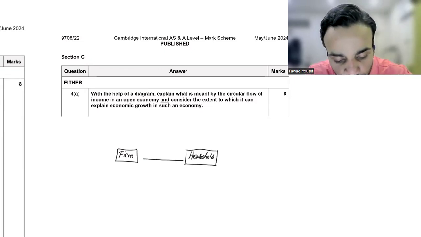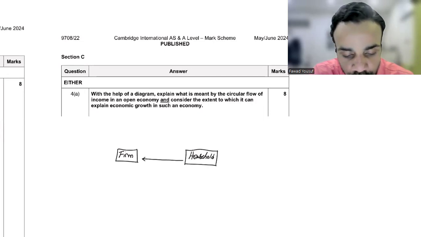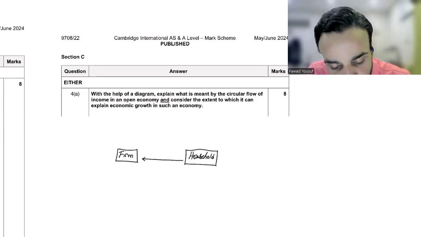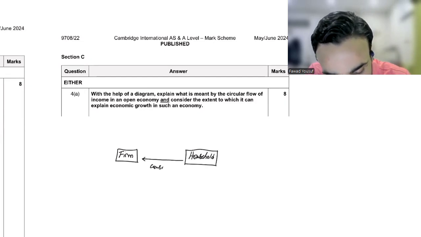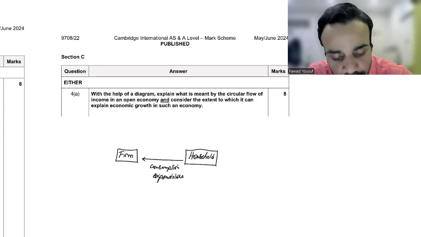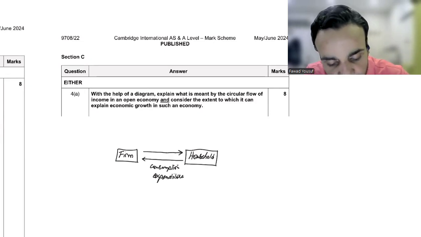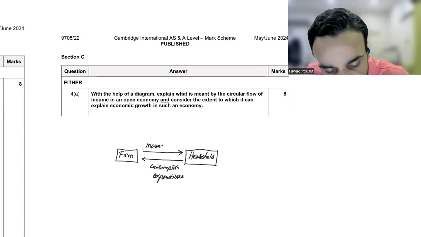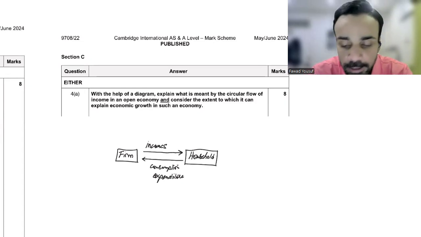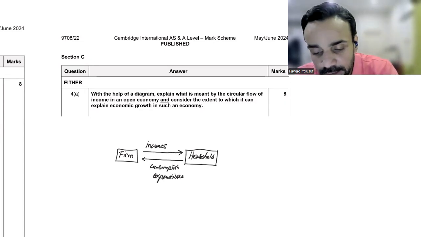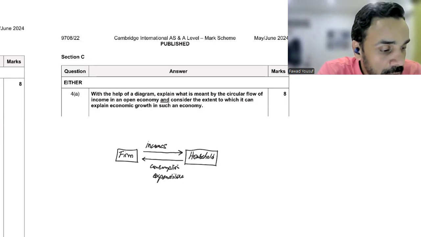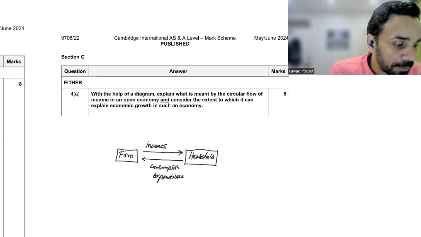All you had to do for 3 marks: household, say consumption expenditure moves in this direction from households to firms. The word expenditure was important. And firms, say income moves in this direction. They gave 3 marks for this basically.